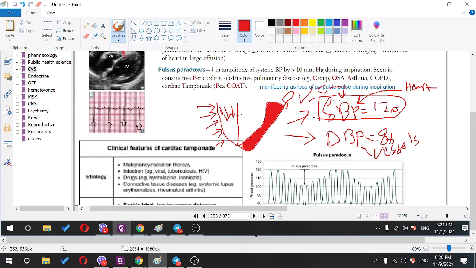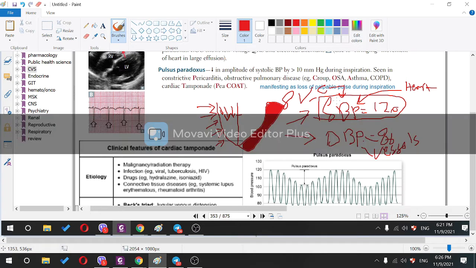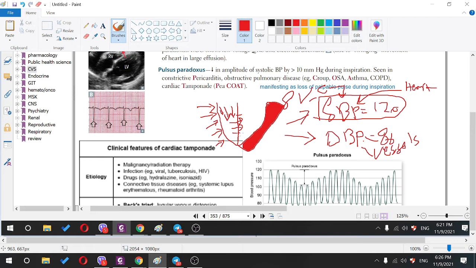Why? Because you have increased the stroke volume. Why? Because during inspiration, you have more blood in your right ventricle. How does that work? Well, more blood in the right ventricle leads to movement of the interventricular septum from the right side to the left side, which leads to a further pushing of the blood from the left ventricle into the aorta.